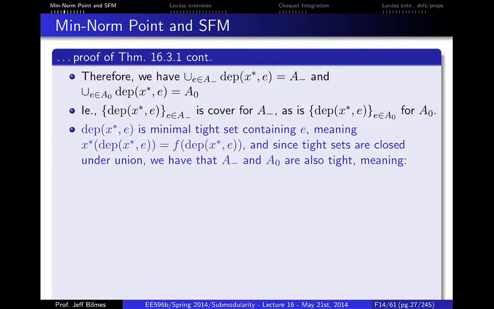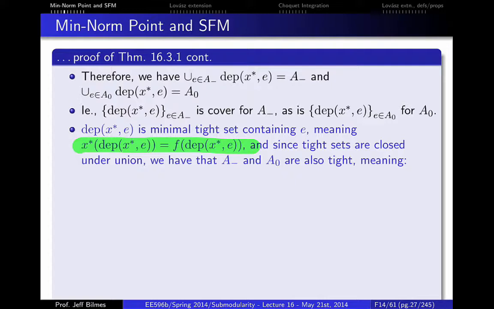Now get back to the first definition of dep, and we said that dep is the minimal tight set containing E. And what does it mean to be a minimal tight set that's containing E? It's basically saying that this is equal to this, and any subset of dep is no longer going to be tight and also E containing. But then, on the other hand, tight sets are closed under union and intersection, and in particular, tight sets are closed under union.